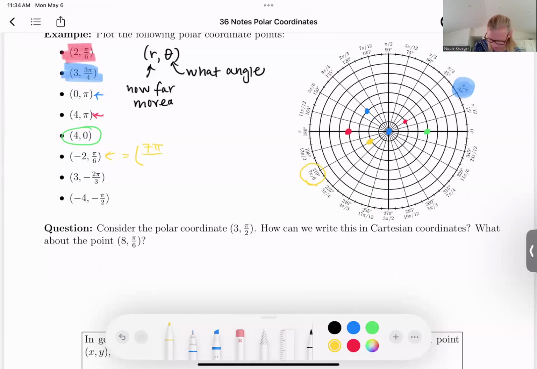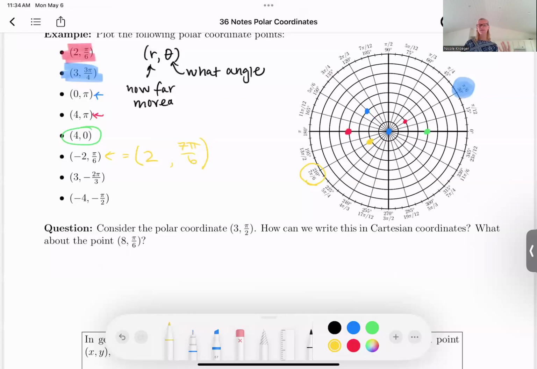We noticed that another way of representing that point could have been that I started out at the angle 7 pi over 6, and I traveled a positive 2 units in that direction. The interesting thing here to note is that there are multiple ways of representing polar coordinates. So if I was thinking of just normal XY Cartesian coordinates, there's only one way to represent a point.